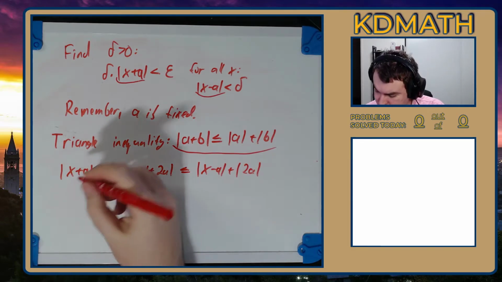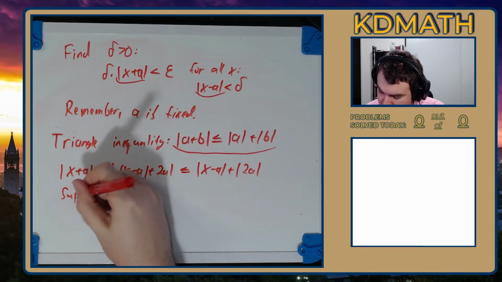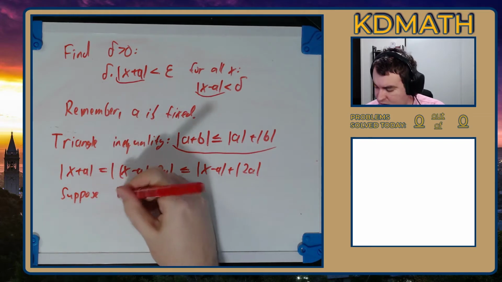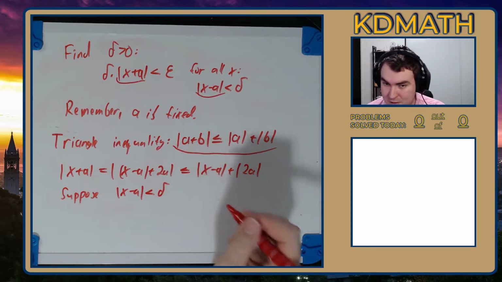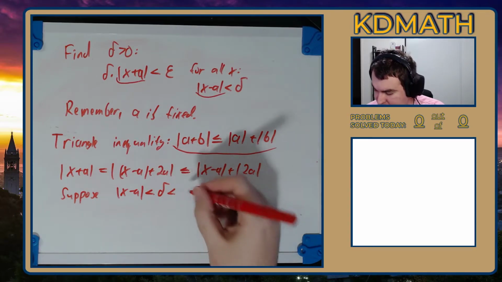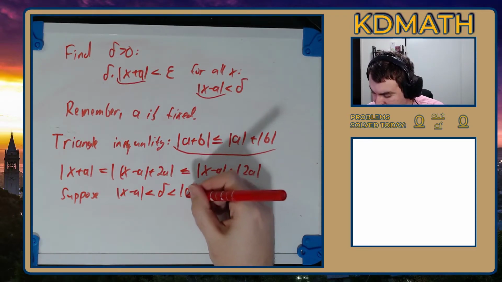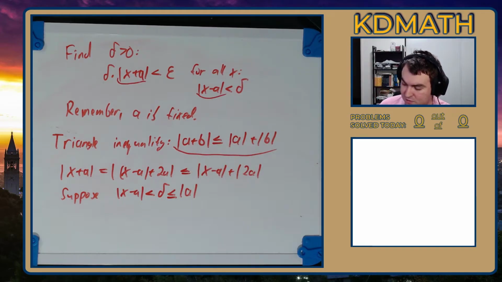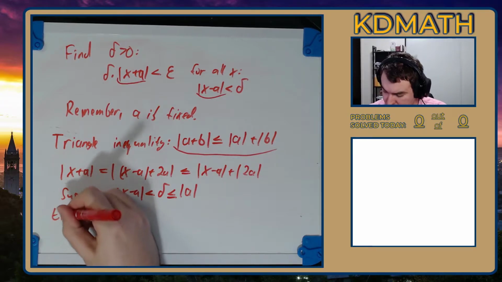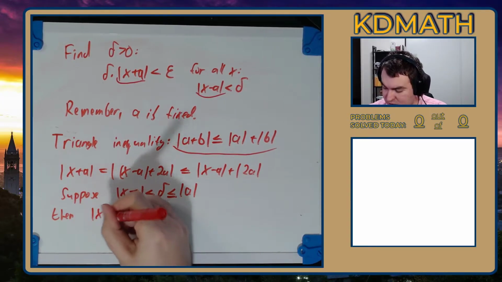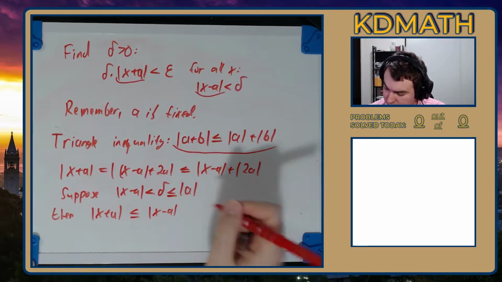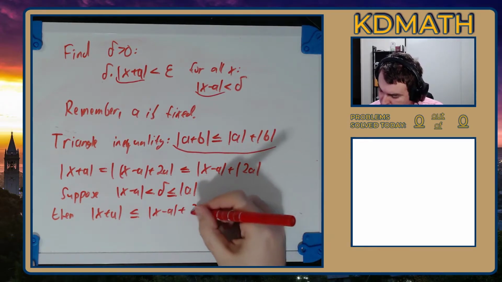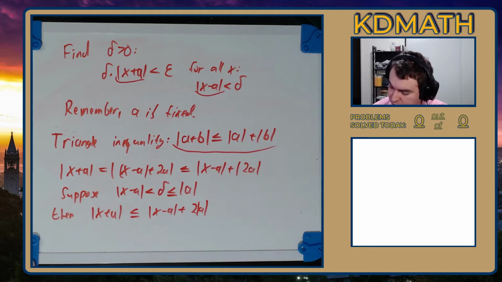Well, now suppose the absolute value of x minus a is less than delta, and delta is in turn less than or equal to the absolute value of a. Then the absolute value of x plus a is less than or equal to the absolute value of x minus a plus the absolute value of 2a, and you can factor out the 2.